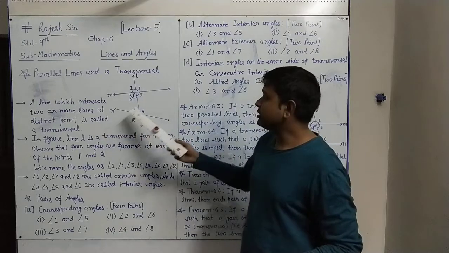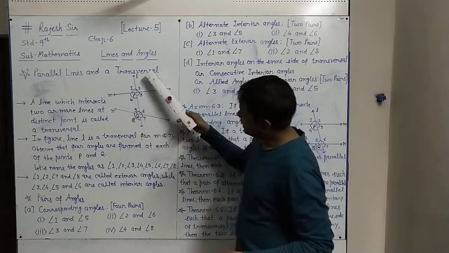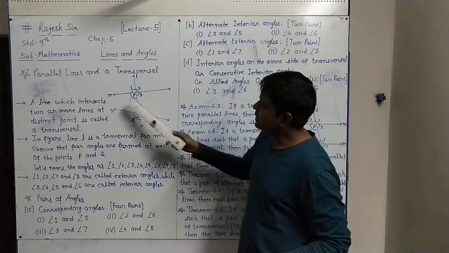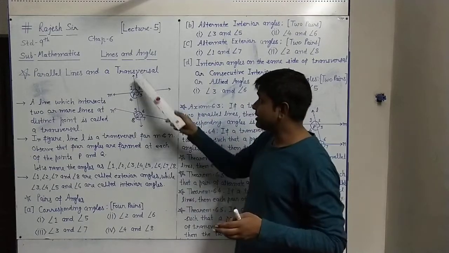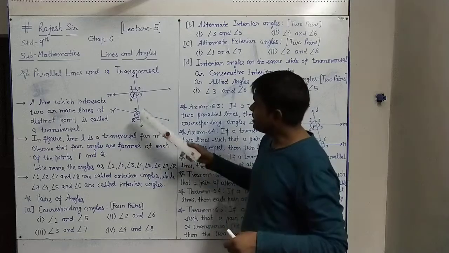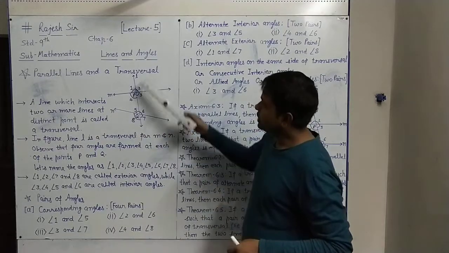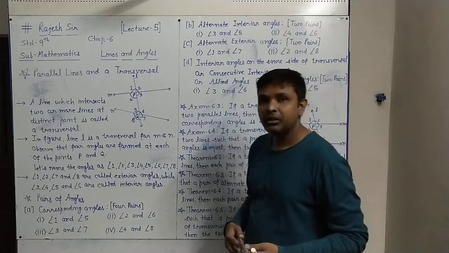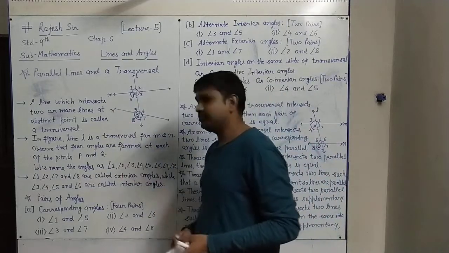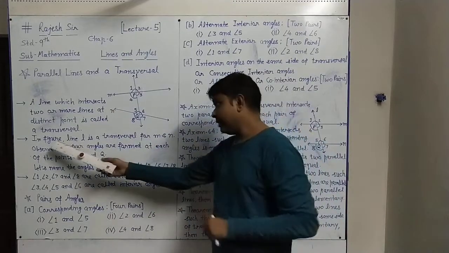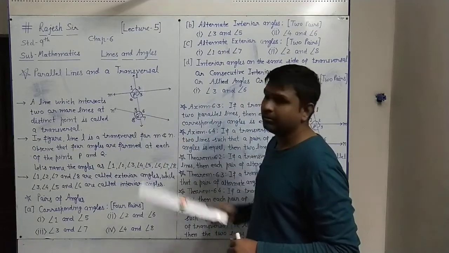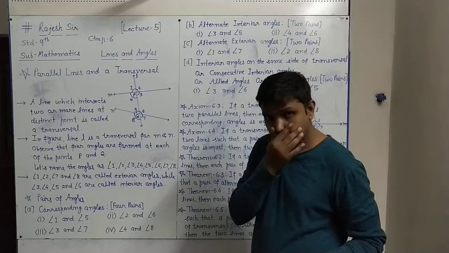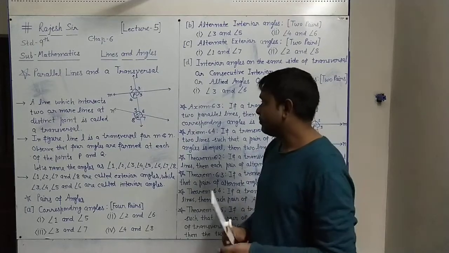As you can see, the line L is intersecting lines M and N at two distinct points, say P and Q. So this line L is a transversal for M and N. Here also in the figure, line L is a transversal for M and N because it is intersecting the two lines in two distinct points.